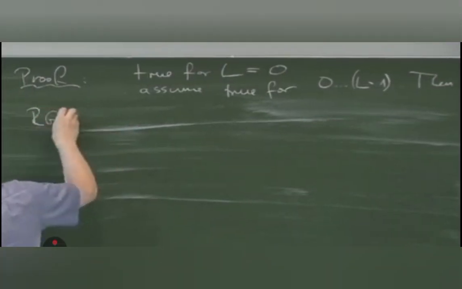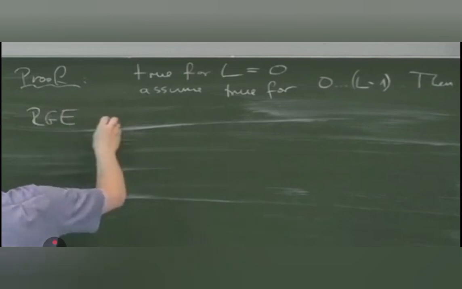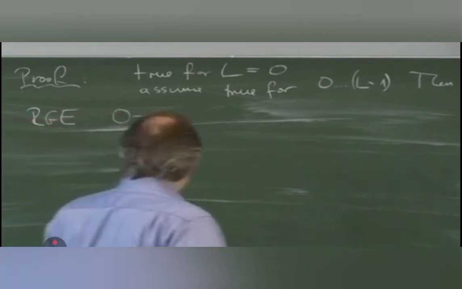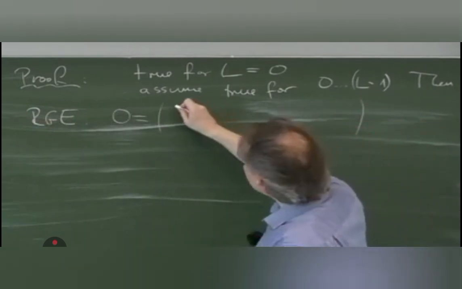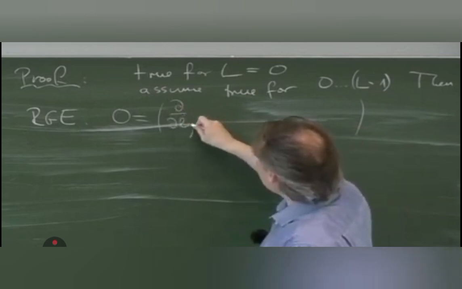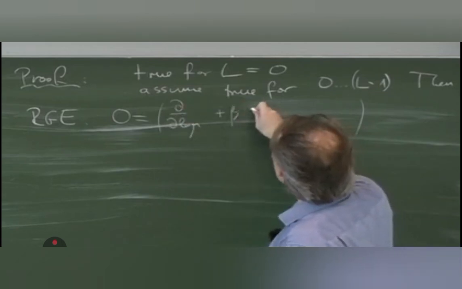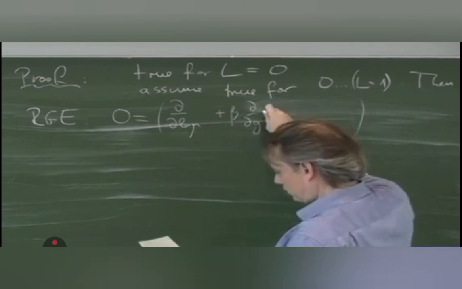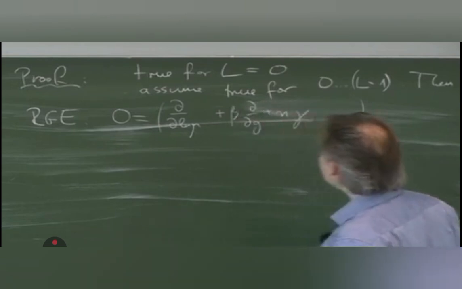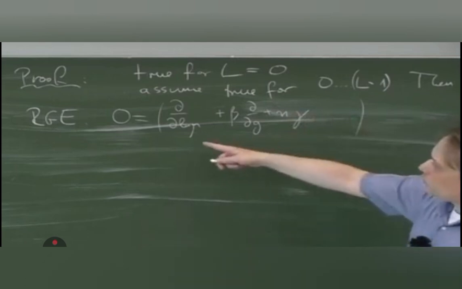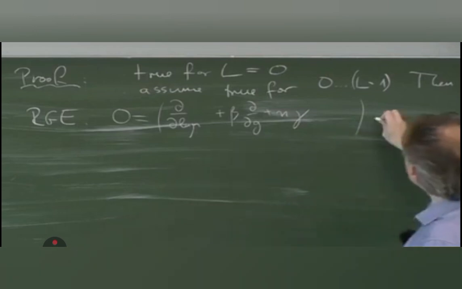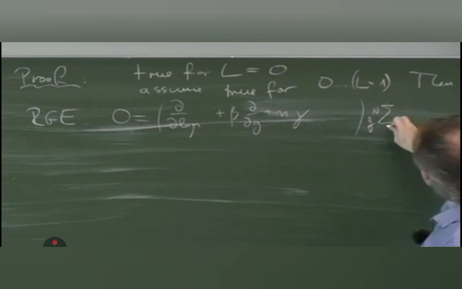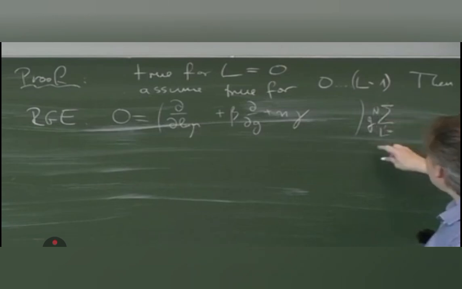We simply write down the renormalization group equation, and the renormalization group equation tells us that 0 is equal to the differential operator, the partial derivative with respect to mu, plus beta times the derivative with respect to g, plus n times gamma. That differential operator acts on the Green function, and the Green function is g to the n overall times a sum over L. Let's call it L prime now because L is fixed.